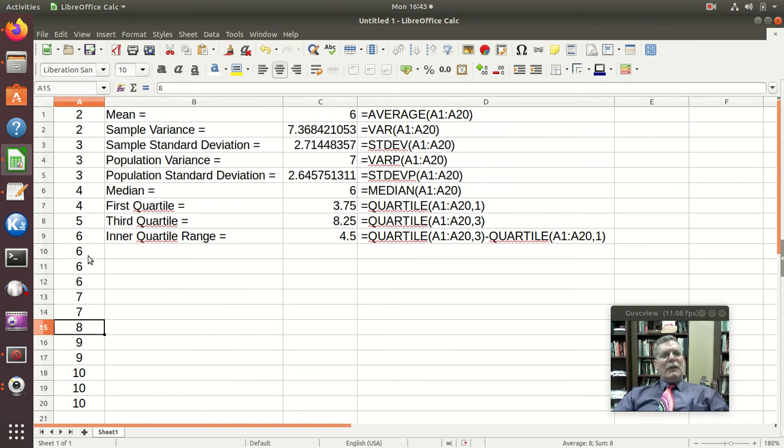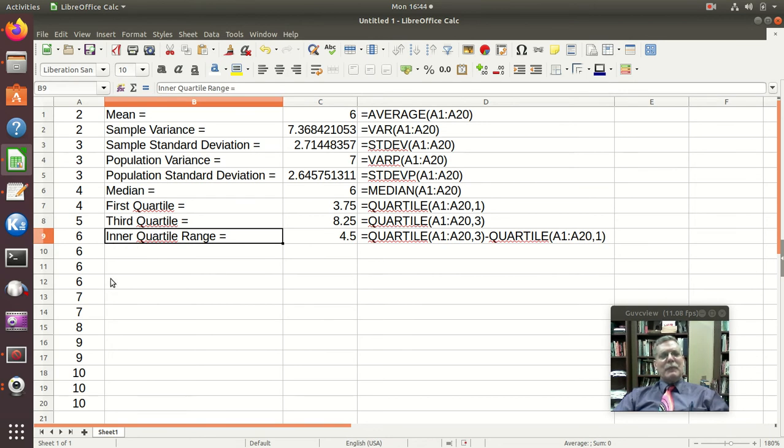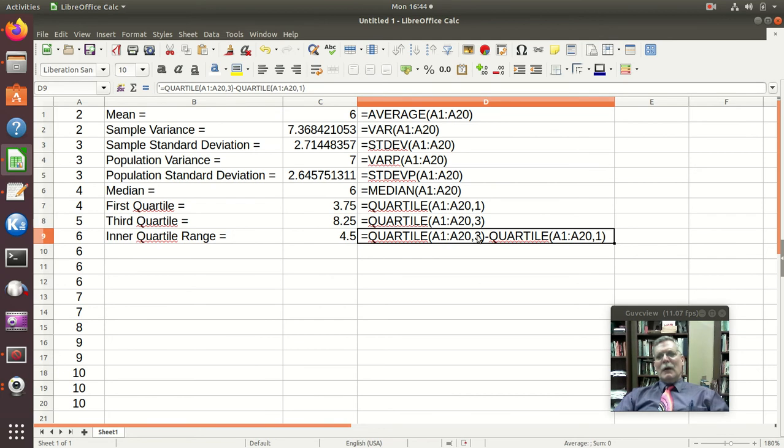And now, interquartile range, I don't know of a spreadsheet function that just does that. And so the interquartile range is just the third quartile minus the first quartile. So one could type that whole thing in, which is actually what I did.